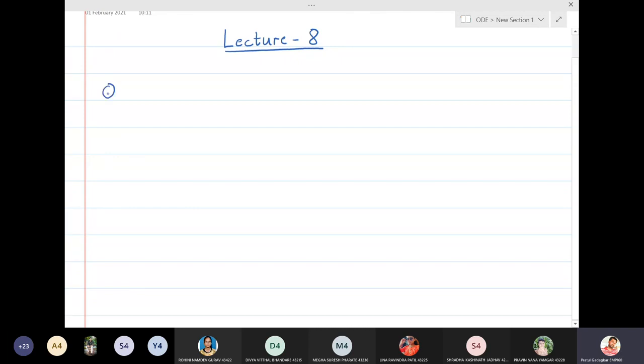So question: solve d²y/dx² + dy/dx = 1/(1 + e^x) by the general method.